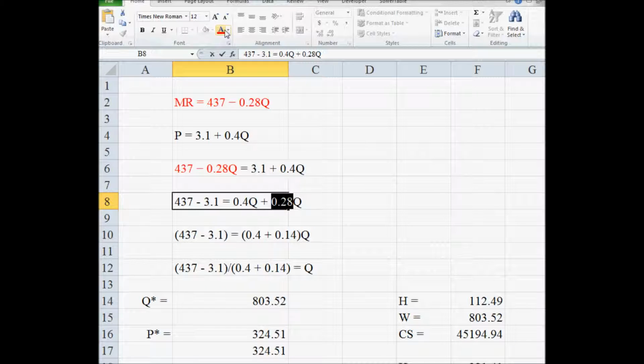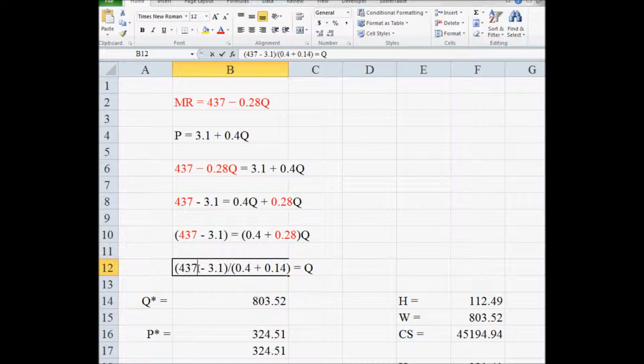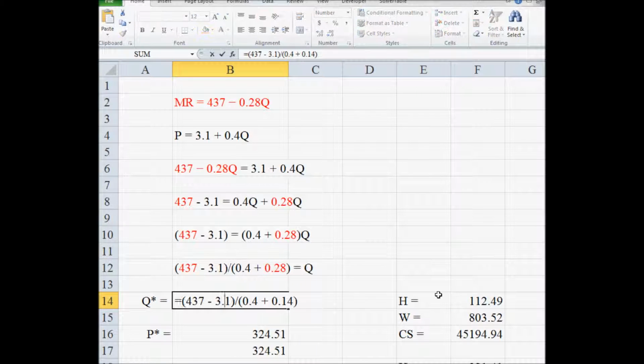Make it red. So down here, I just got to change the 0.14 to 0.28.